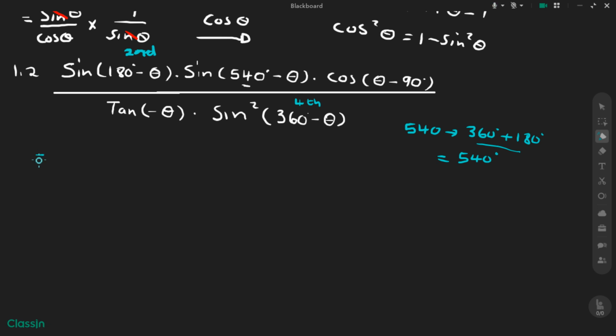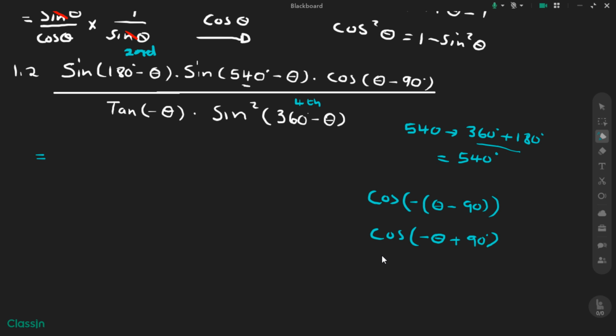Now, in this case, we also have theta minus 90, or even 90 minus theta. Cos, if we multiply this by negative of theta minus 90, it means cos, negative multiplied by positive, negative theta plus 90.